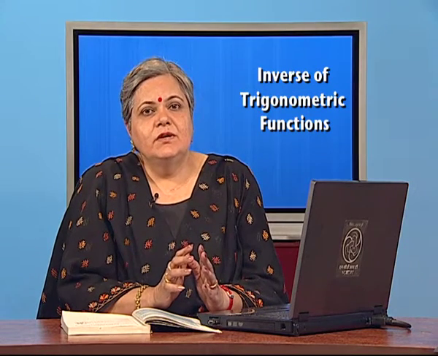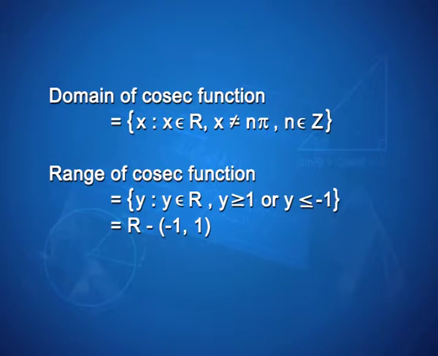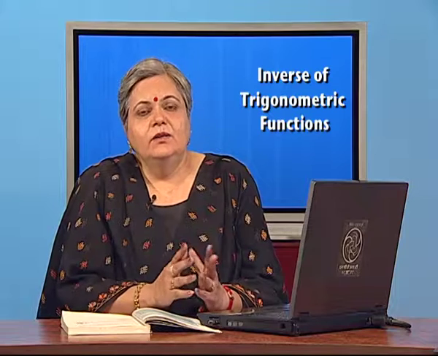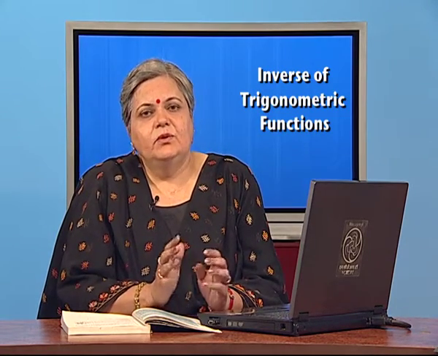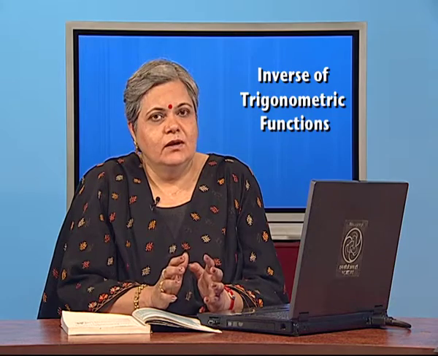The range of the cosec function is the set of all real numbers y belonging to R, where y is greater than or equal to 1 or y is less than or equal to minus 1. Another way of writing the same set is all real numbers except the open interval minus 1, 1.